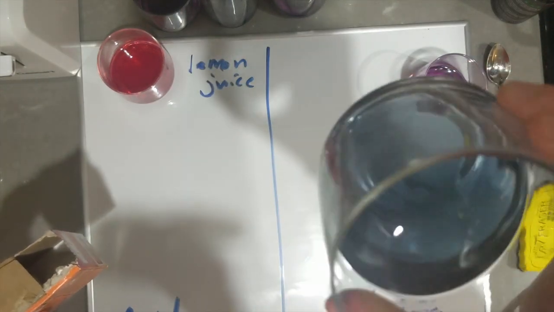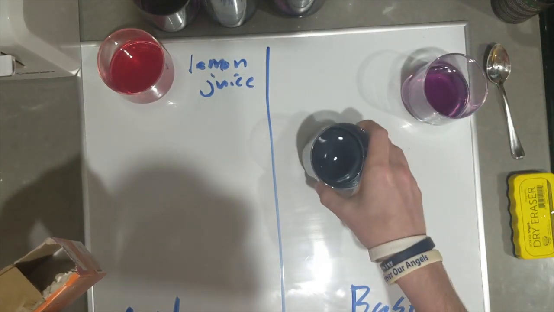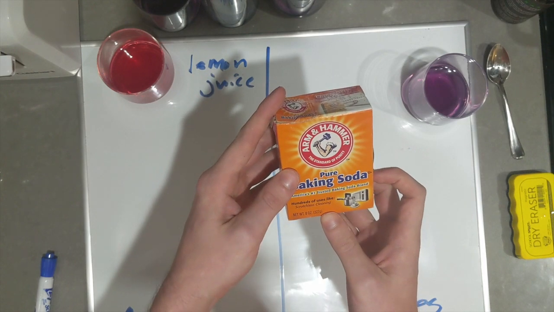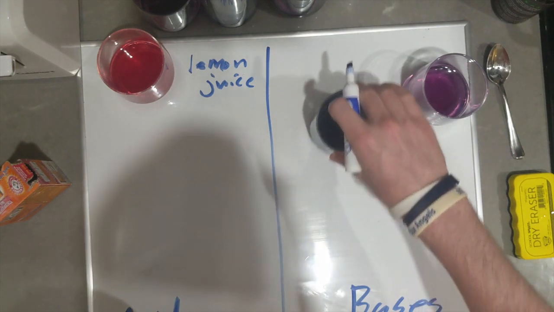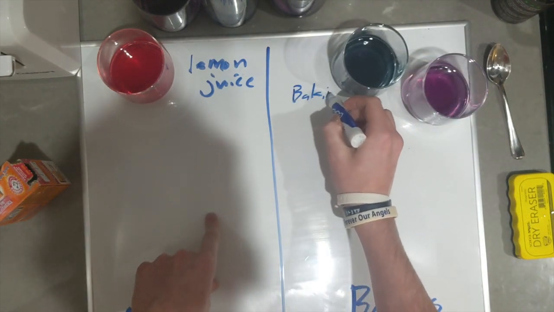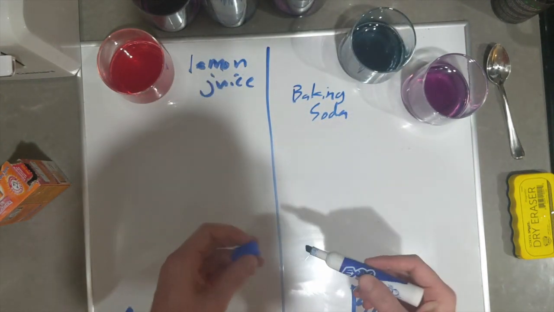Nice, kind of soft blue color. So baking soda is a base. We use it a lot in cleaning products and things like that. So I'll put this up here. Baking soda.